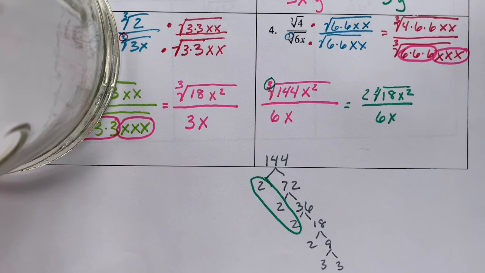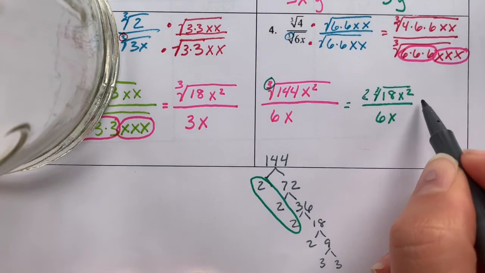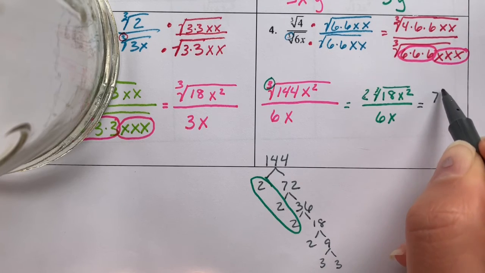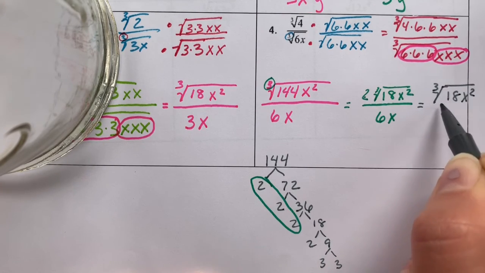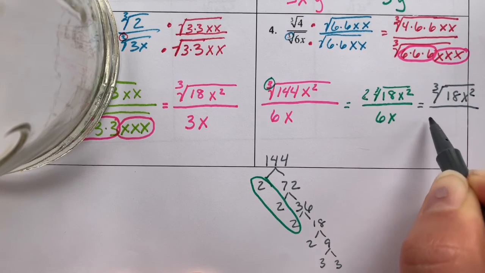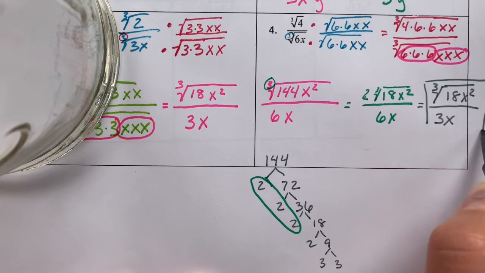Now, one last thing. You should recognize that 2 and 6 are even numbers, which means that I can take a 2 out of both of those. When I do, this becomes the cube root of 18x squared. 6 divided by 2 is 3x, and that is my final answer.